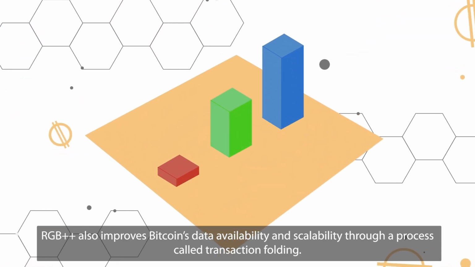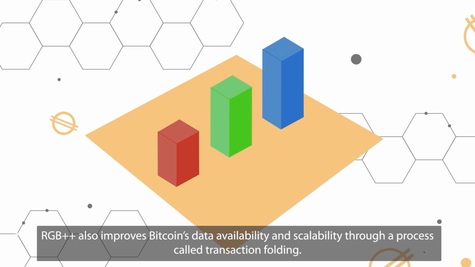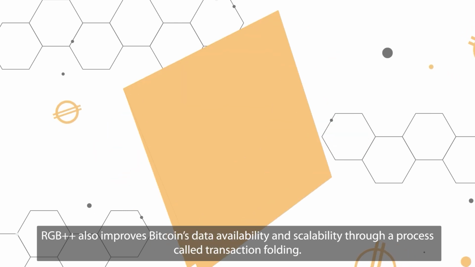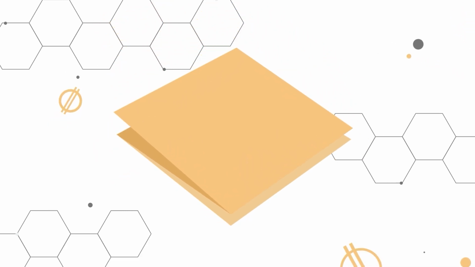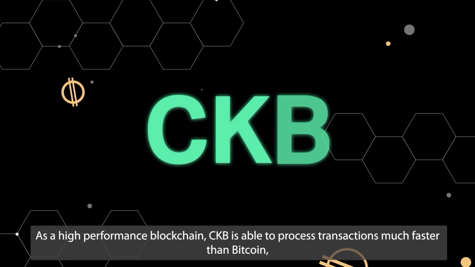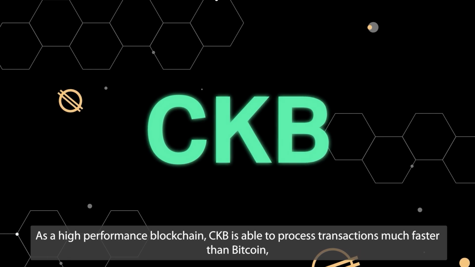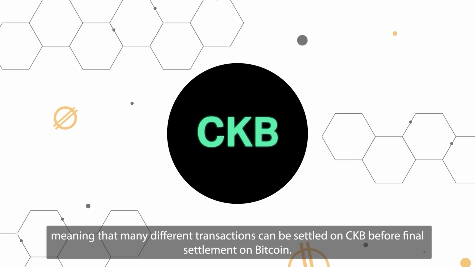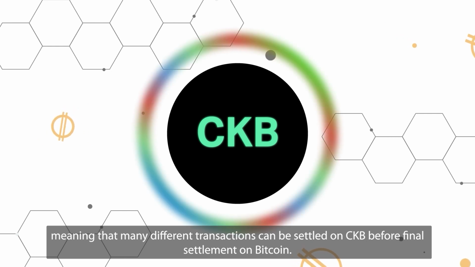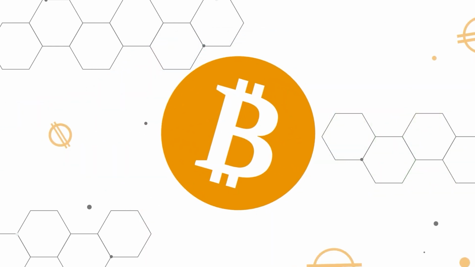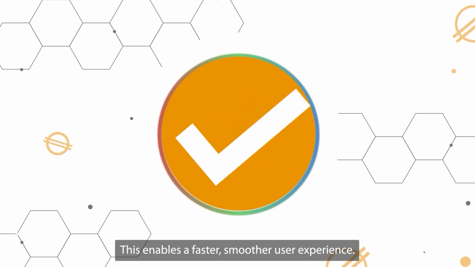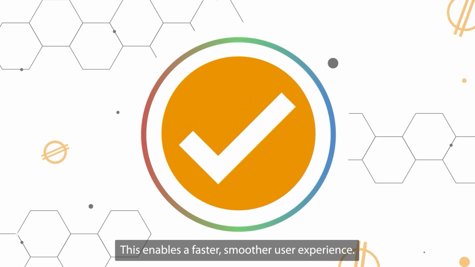RGB++ also improves Bitcoin's data availability and scalability through a process called transaction folding. As a high-performance blockchain, CKB is able to process transactions much faster than Bitcoin, meaning that many different transactions can be settled on CKB before the final settlement on Bitcoin. This enables a faster, smoother user experience.